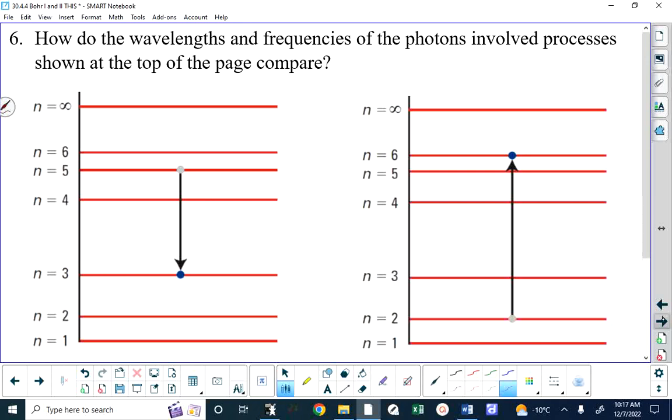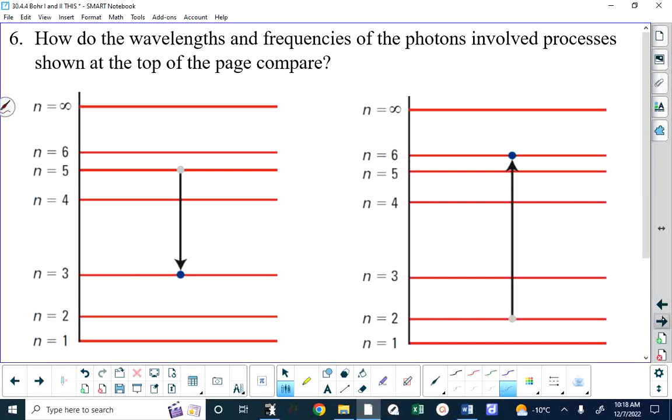Miles, which of those do you think would have a higher frequency? Which one? The one on the left or the one on the right? Remember, everybody, that frequency is related to energy. So the more energy involved, the higher the frequency. Okay, so it's going to be n equals 6 on the right.